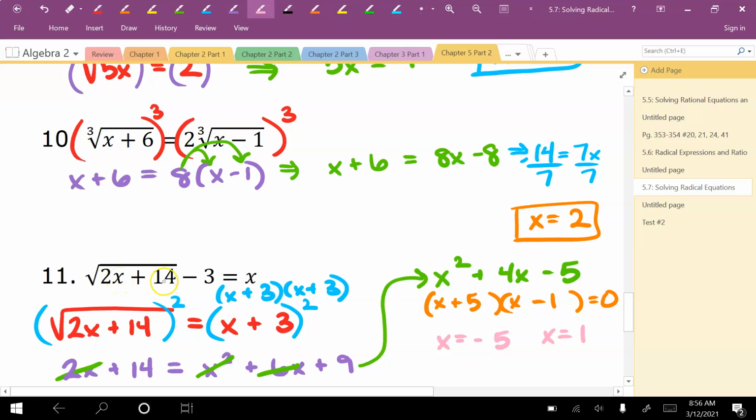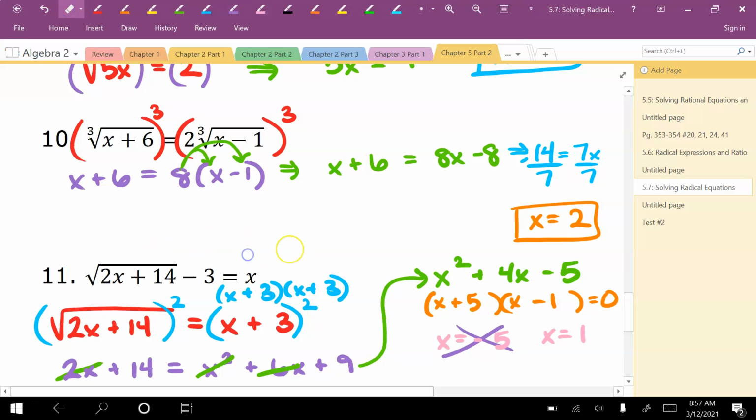Plus 14 would leave me with a positive 4. And the square root of 4 is 2. 2 minus 3 would be negative 1. That does not equal negative 5. So if I evaluate the right side here, I get negative 1 equals negative 5, which is not true. So I can't keep negative 5.